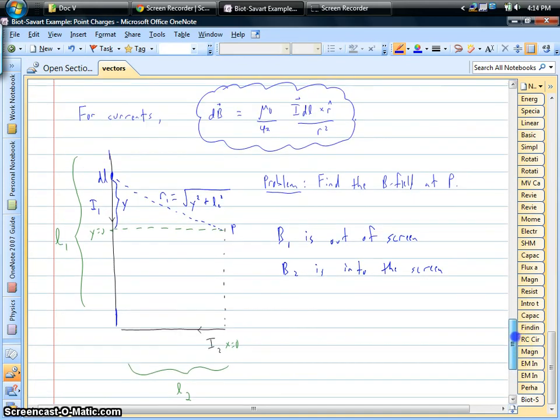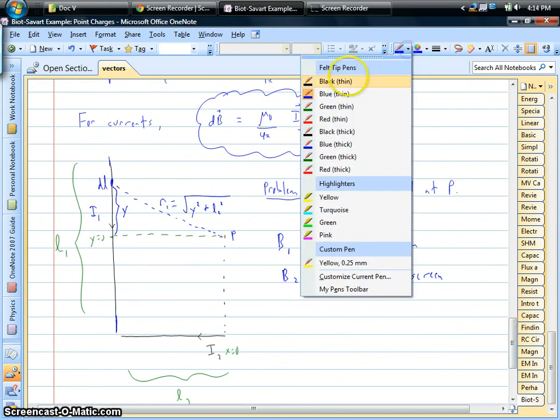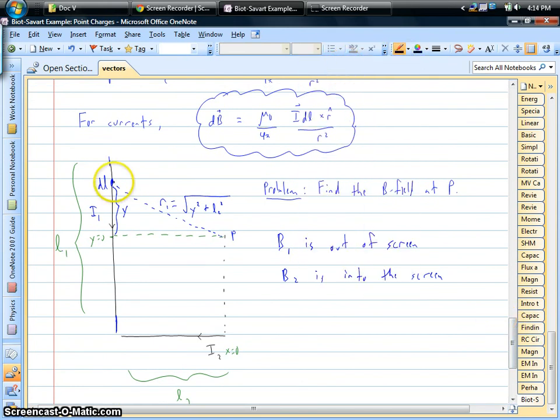crossed with r hat. Okay, now this is where we have to be a little bit careful. The r hat is a little unit vector that points from the piece of current towards the point that we're trying to find the magnetism. Now there's an angle there, as you can tell from that big triangle. There's an angle between the current and that radius line.